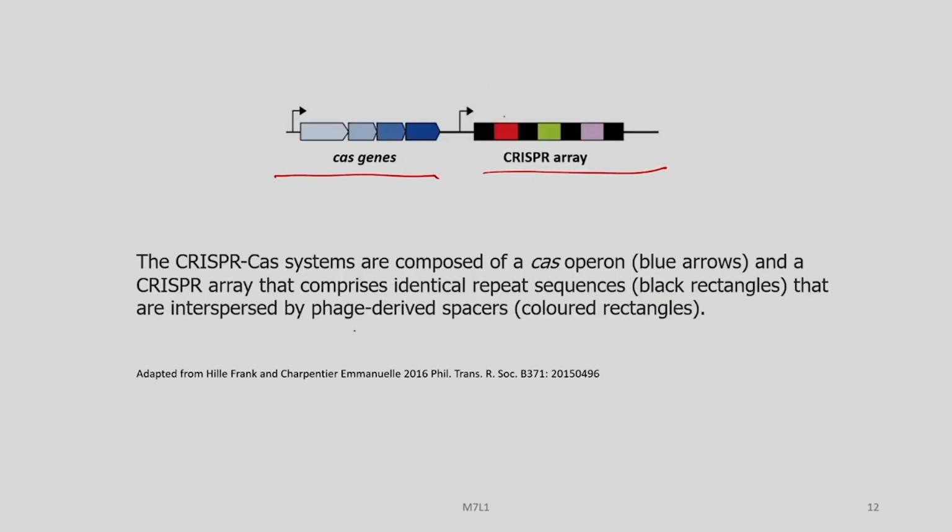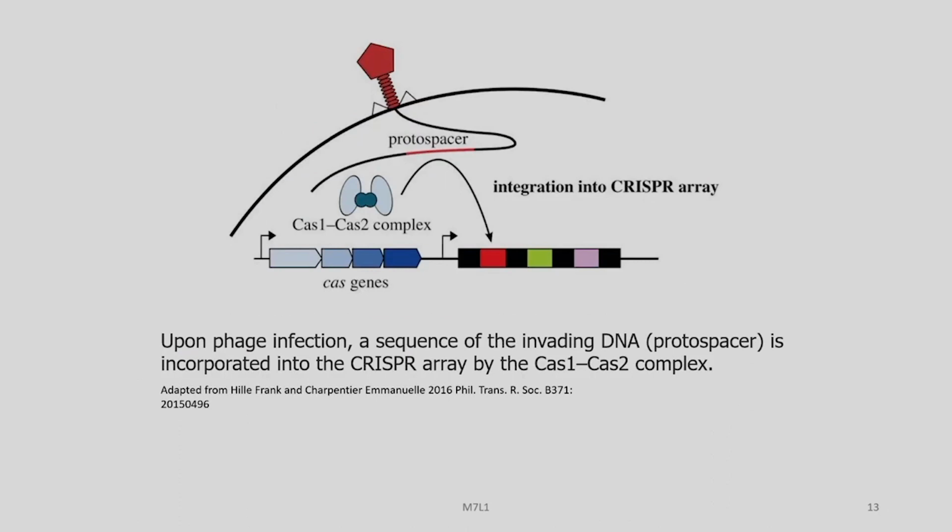Now, these are all interspaced by phage-derived spacers, the colored angles, and the dark ones are the repeats. Let us see a little bit closer how this system works.